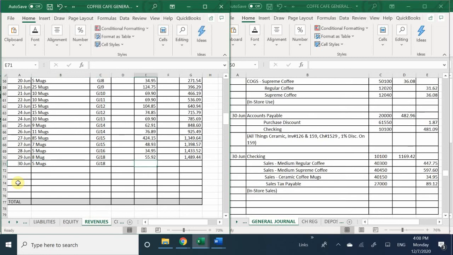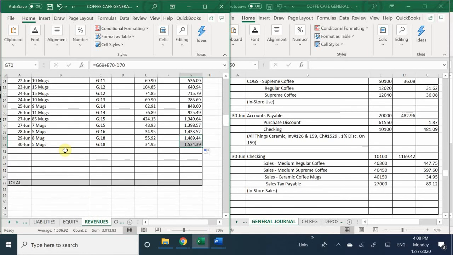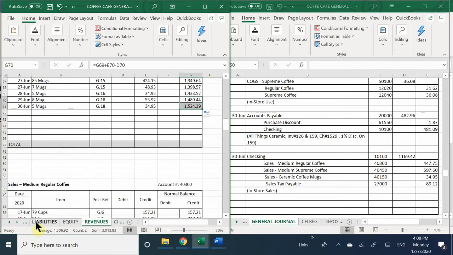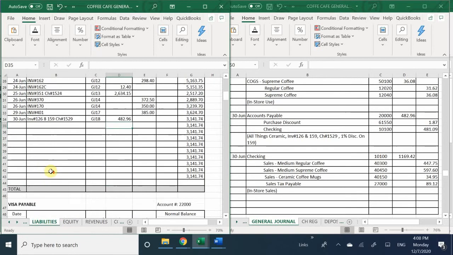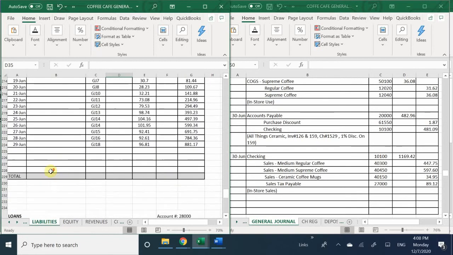The amount on that one was $34.95, bringing our new total to $1,524.39. Good. All right. And now we've got to do our sales tax payable.